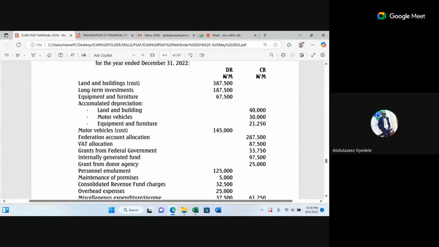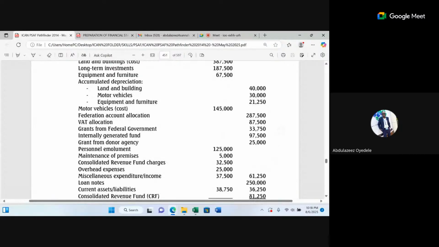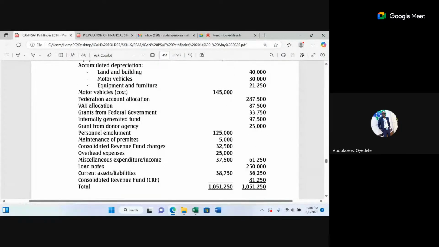Those are all revenue items. If you look further down, you also see an item here called miscellaneous expenditure and revenue. So we know that the one on the debit side will be our expenditure, and the one on the credit side will be our revenue.